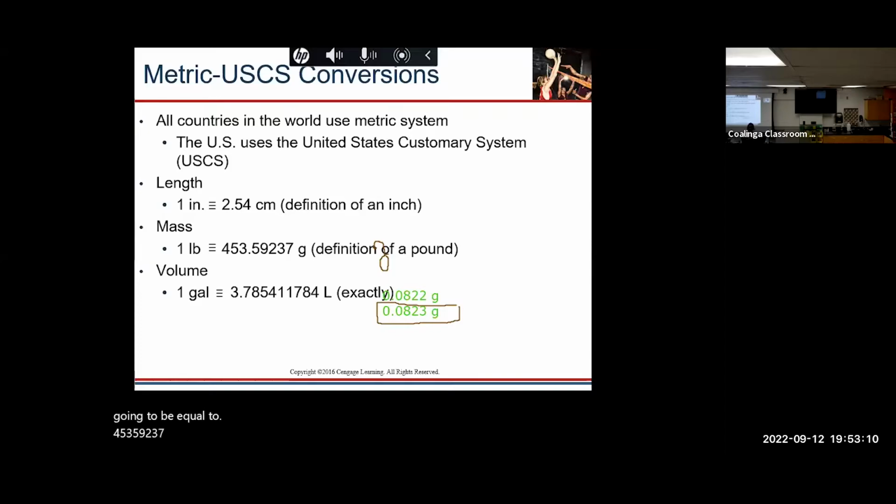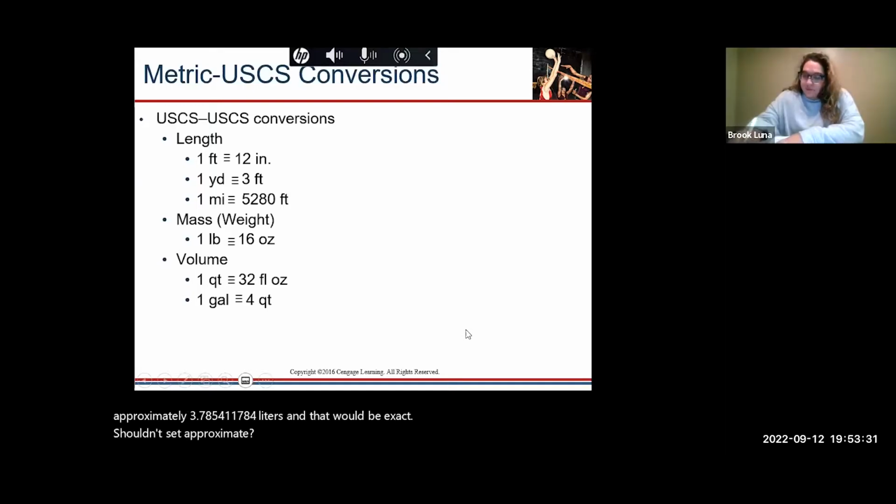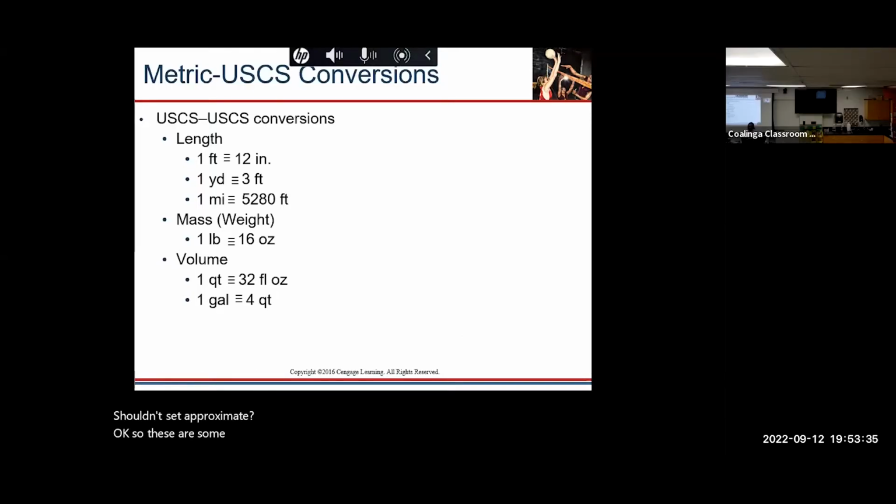And the volume, 1 gallon is going to be equal to approximately 3.785411784 liters. These are some other conversions for length and mass in the US customary system.